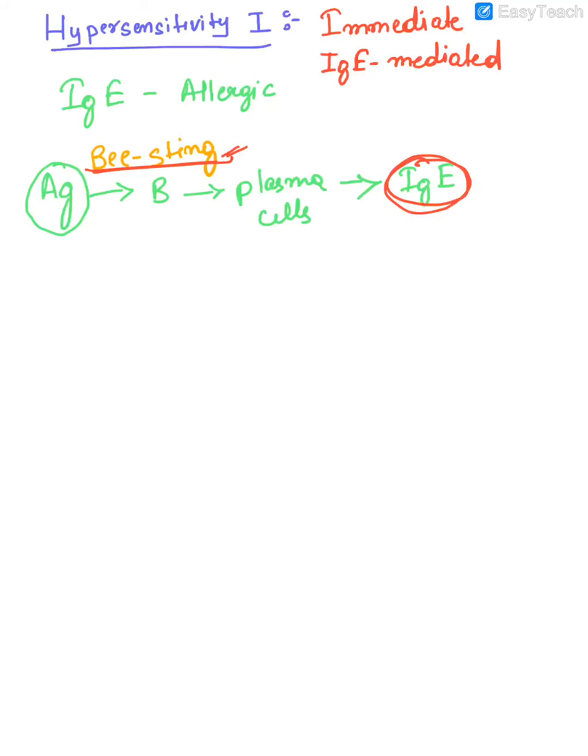This IgE will go and sit, where will this IgE go? It will go and sit on the mast cell. This is the mast cell, and the IgE is going and sitting on the mast cell.